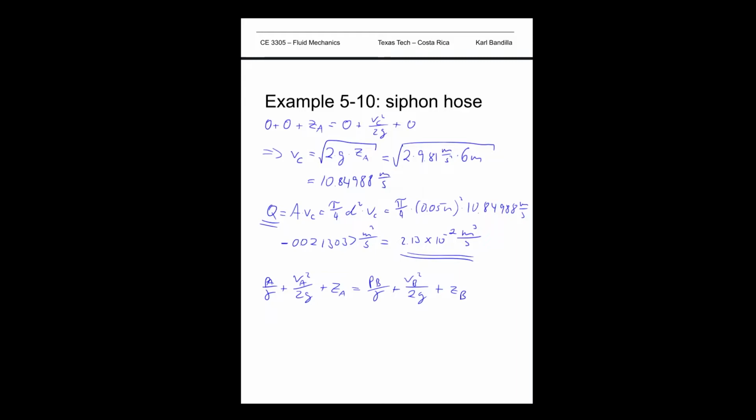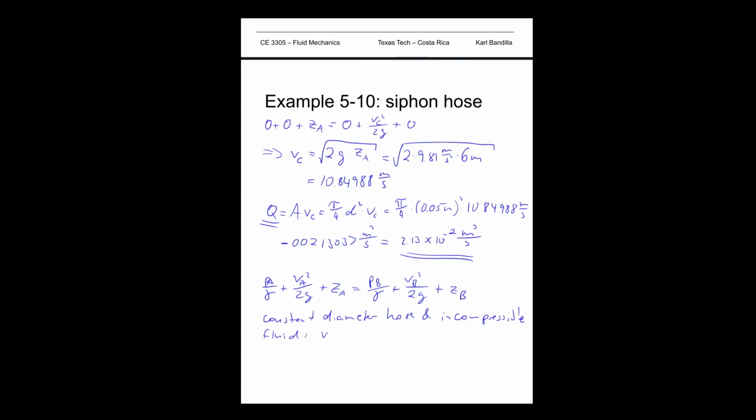Because the velocity at C is going to be the same as at B. Well, let's write that down maybe, right? So we have constant diameter hose and incompressible fluid. Right, that means the volumetric discharge is the same everywhere, and it means that diameters are the same everywhere, which means that the velocities that we have, VA and VB, are all going to be the same, right?